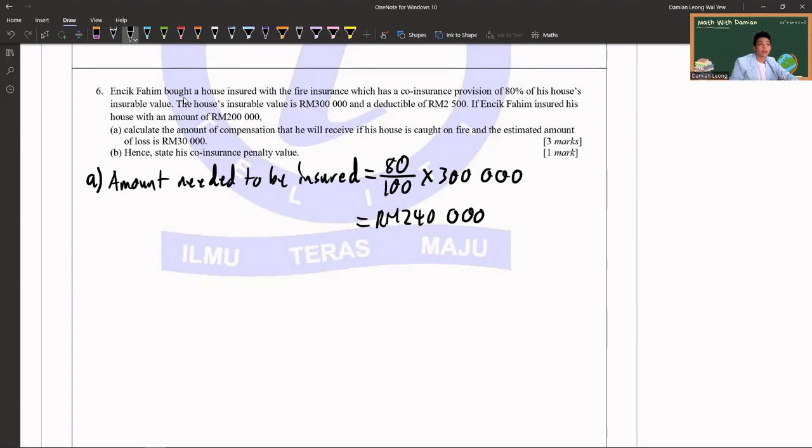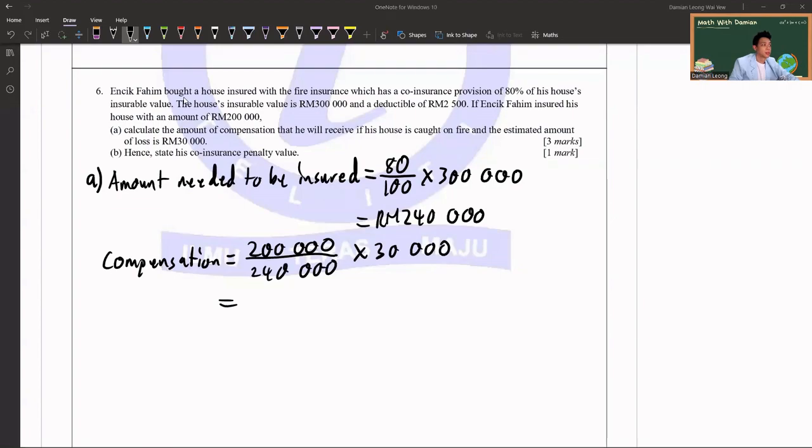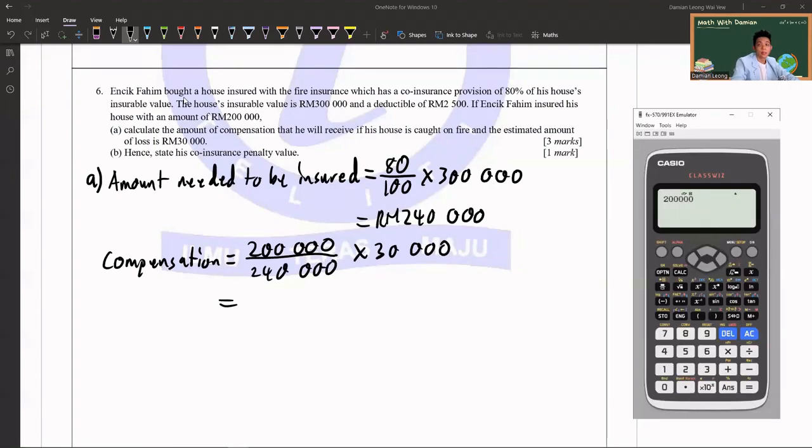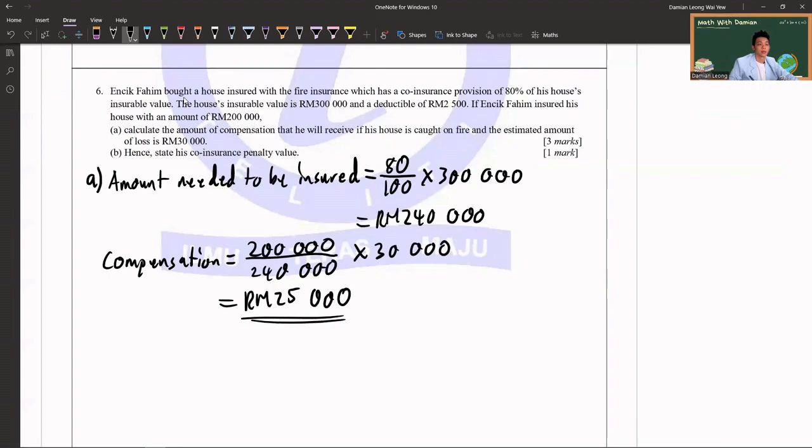So his house caught on fire, estimated loss is 30,000. So the compensation he will get is how much he insured, 200,000, over the amount he's supposed to insure, times the loss of 30,000. So 200,000 divided by 240,000 times 30,000, which we will get 25,000 ringgit.